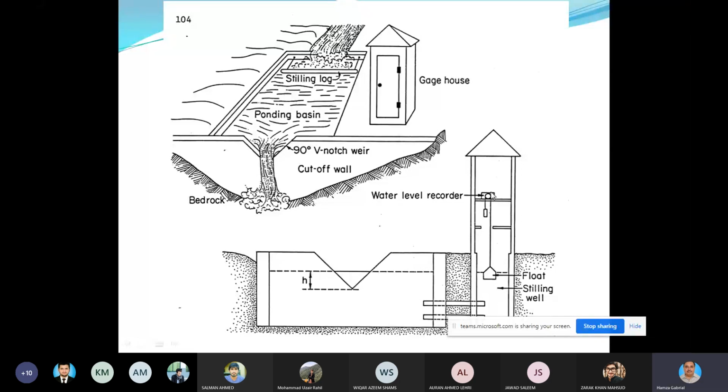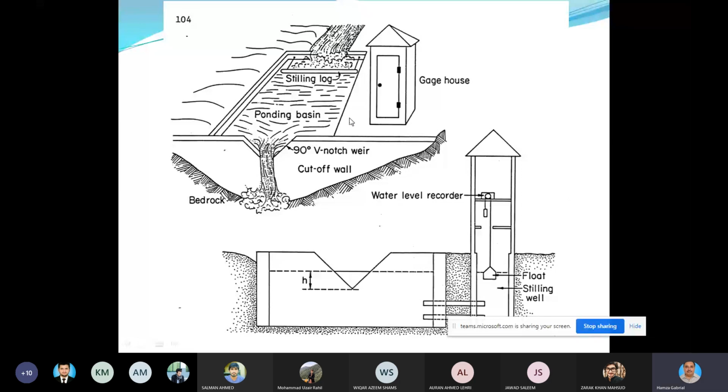And at some suitable place, you have placed a water level recorder, and there is a float which we discussed last time, the water level recorder. So a float and a counterweight over a pulley. So when the water level rises, the float will go up, the counterweight will come down, and the water level will be recorded on the recording mechanism.